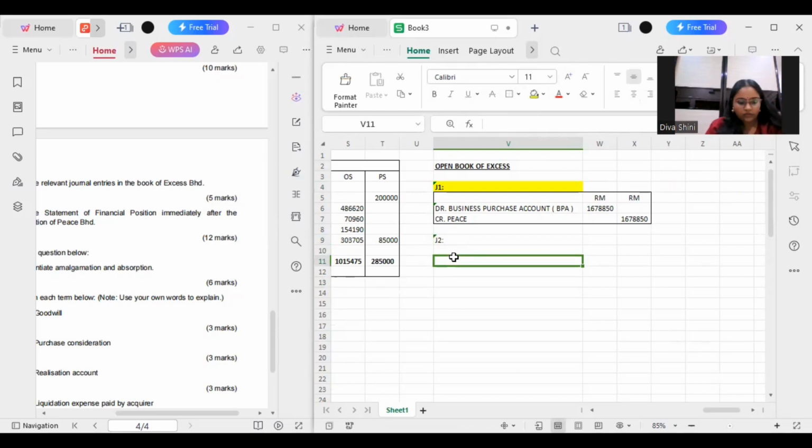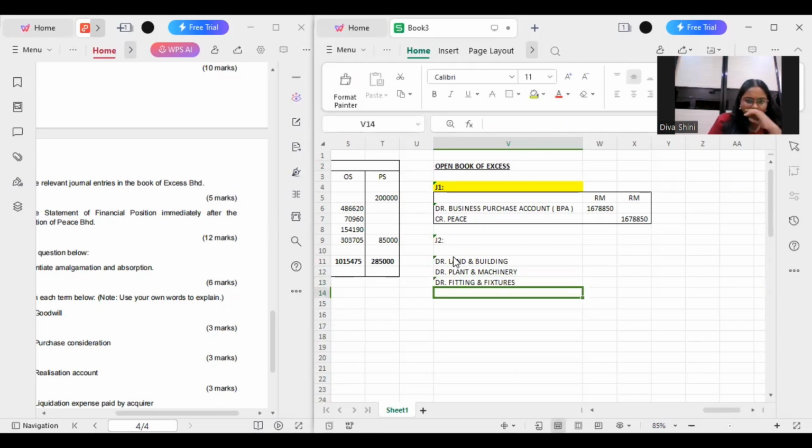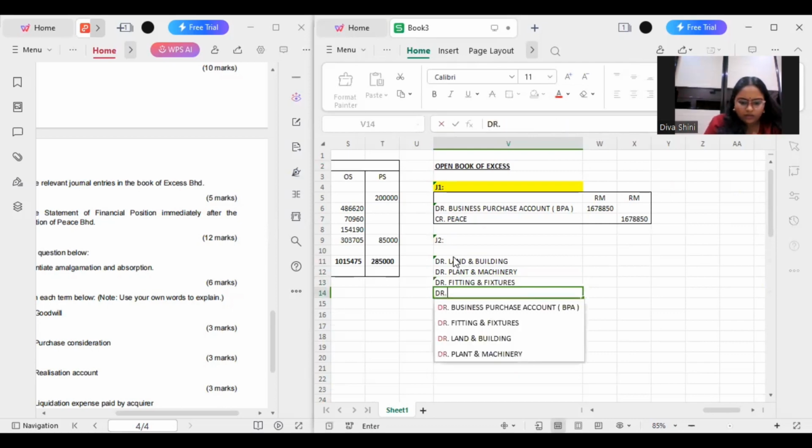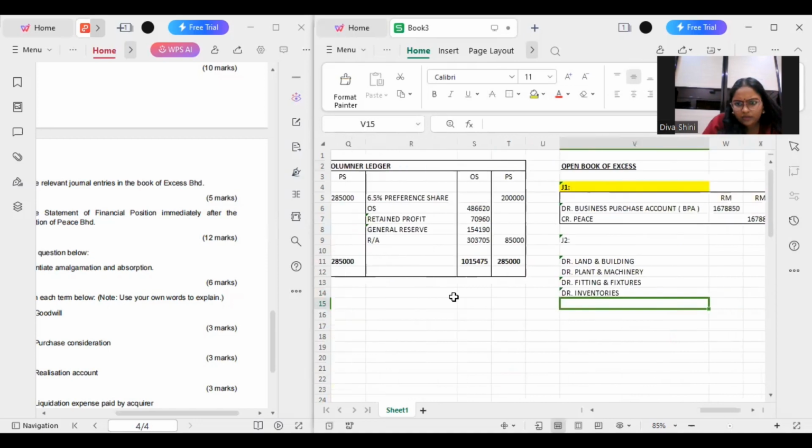For journal 2, we need to debit all the assets, which are land and building, plant and building, and fixtures, inventories, debt receivable, and also bank.